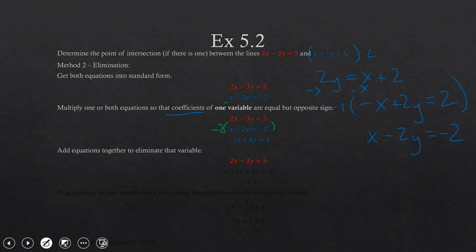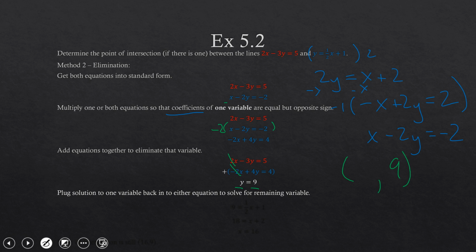So when we add them together, 2x minus 3y equals 5, and minus 2x plus 4y equals 4, we're going to see that the x's cancel, and the y's are going to combine, and the numbers on the right-hand side are going to combine. So minus 3y plus 4y is equal to y, and 5 plus 4 is equal to 9. And without any more work, we have now determined that the y-coordinate for the intersection point is 9.